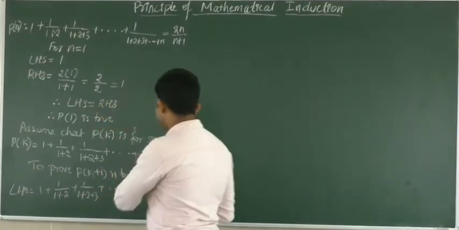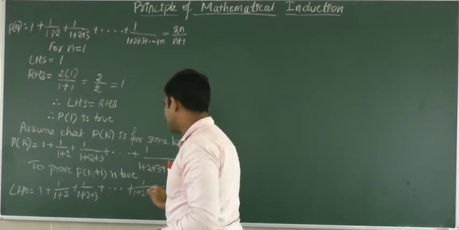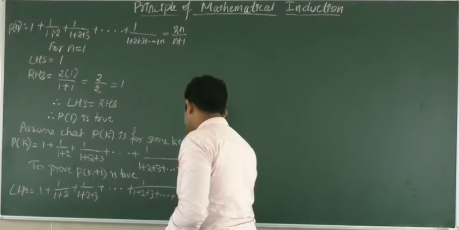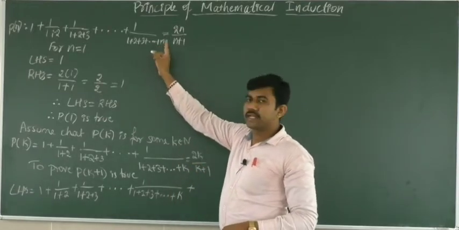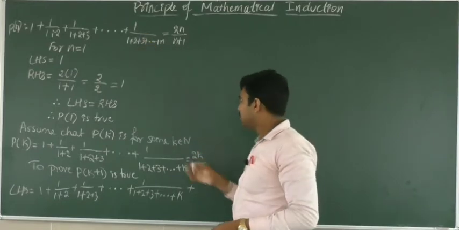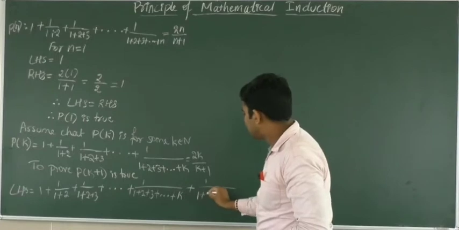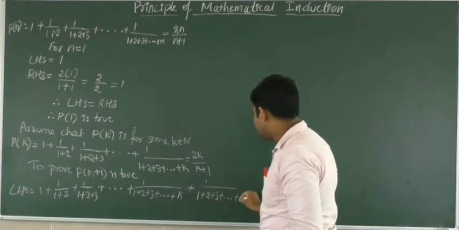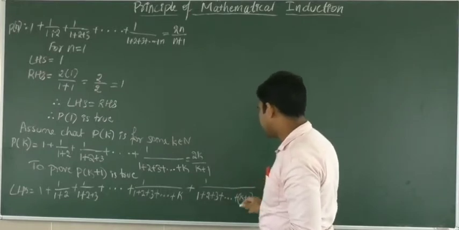Write the kth term, that is 1 divided by 1 plus 2 plus 3 plus so on plus k. Now write down the k plus 1th term, which is obtained by replacing n as k plus 1 in the last term of the given statement. So that is 1 plus 2 plus 3 plus so on plus k plus 1, like this you have to write.